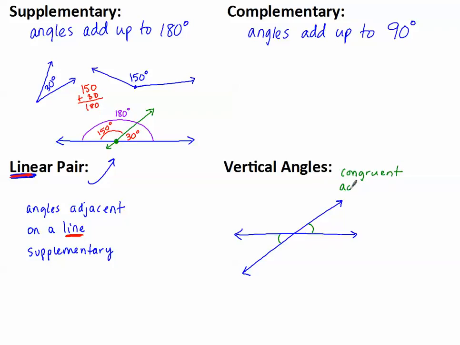They are across from each other and congruent and made by the intersecting lines, made by opposite rays. You can think of the sides of the angles as opposite rays or intersecting lines.